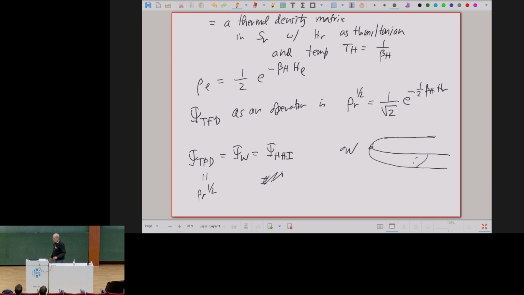So these are the two main conclusions. Two main conclusions are that the Hartle-Hawking-Israel state is the thermofield double, and the density matrix on the right-hand side is a thermal density matrix.